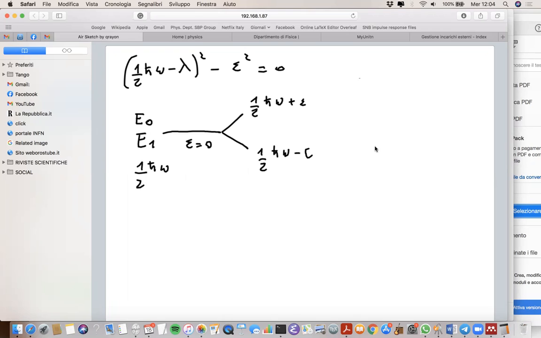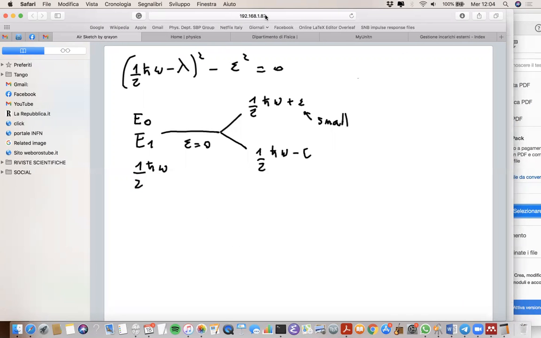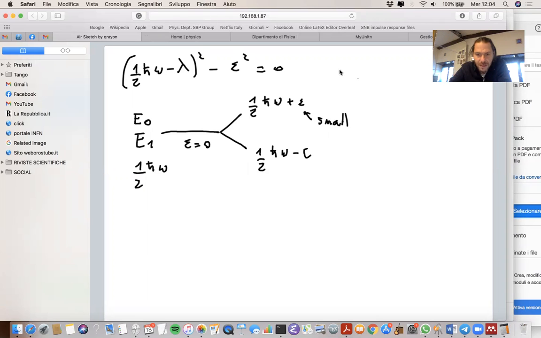So what you have is a very small splitting of the spectrum from two degenerate eigenvalues to two slightly different eigenvalues.